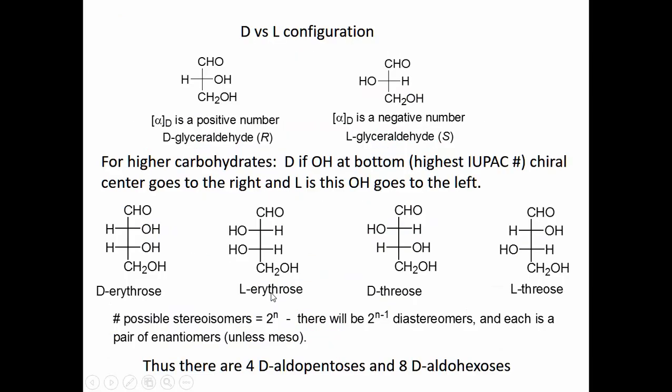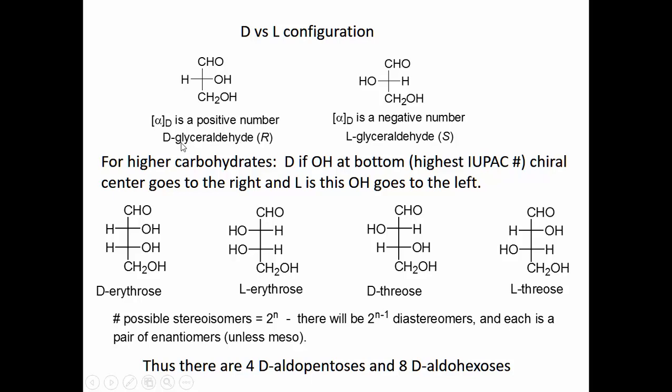Okay, so let's look at the D versus L configuration. It all arises from one compound, glyceraldehyde. This is the enantiomer of glyceraldehyde, the one shown here on the left that has the positive specific rotation value.